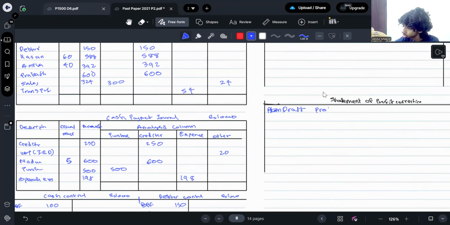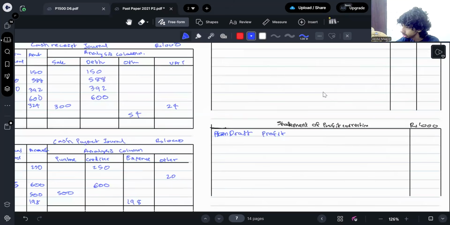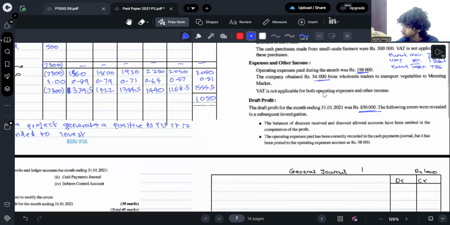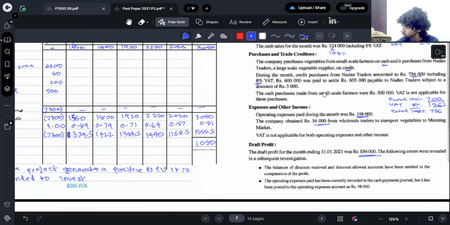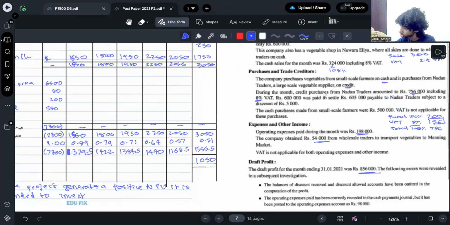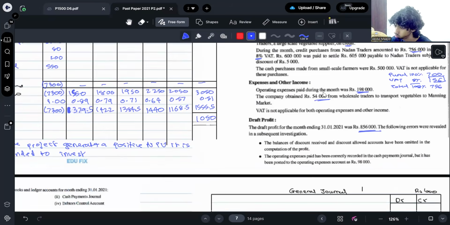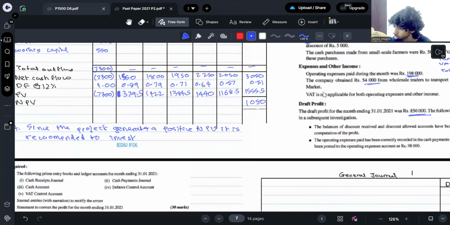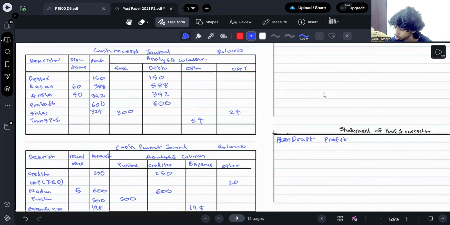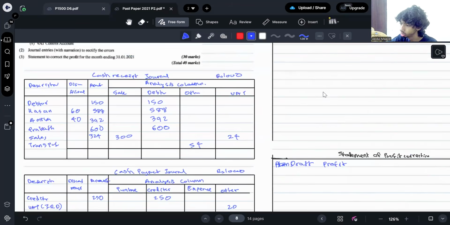Draft profit is given as 856. We'll total the prime entry books and come to error correction.